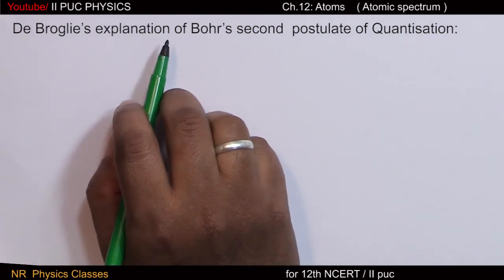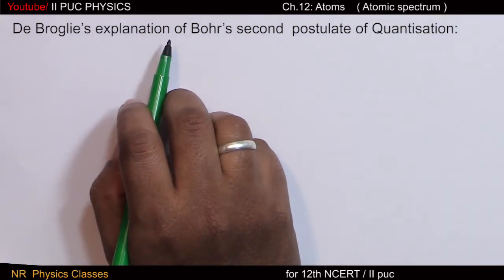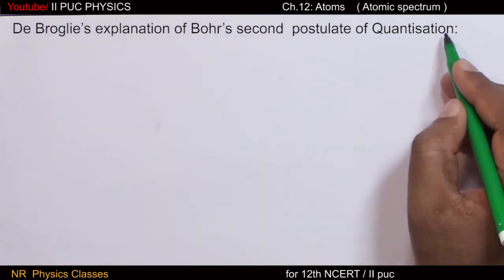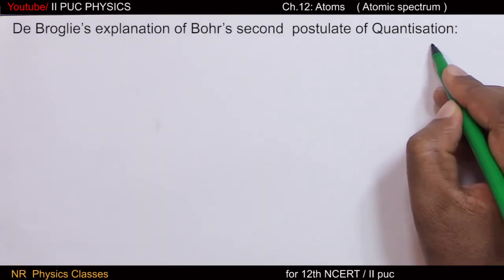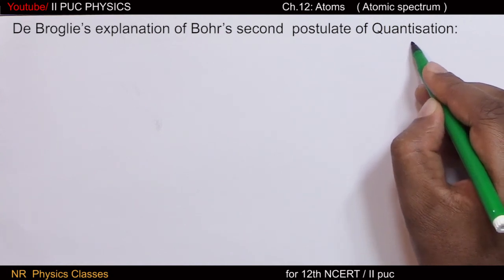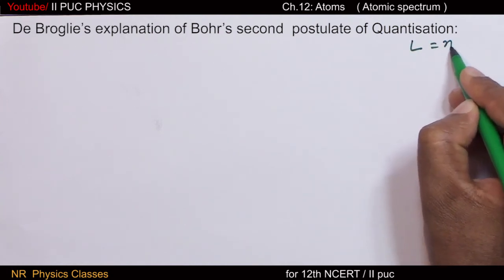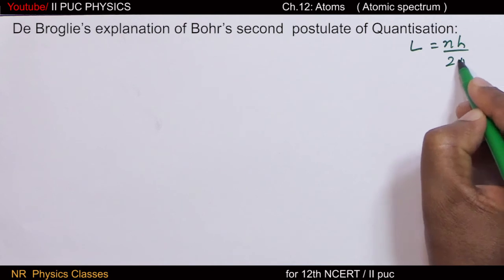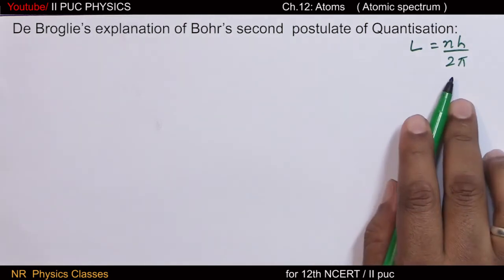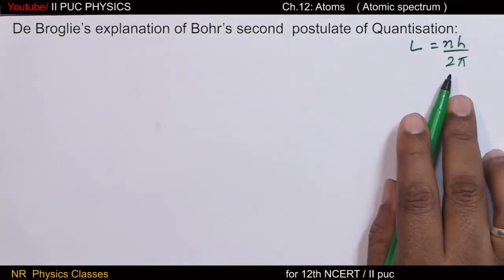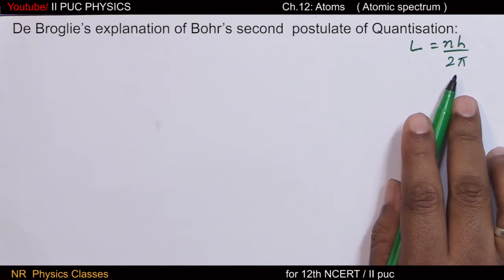Last topic in this chapter, de Broglie's explanation of Bohr's second postulate. Recall the second postulate. Angular momentum L equal to nh by 2 pi. So this was explained by de Broglie.